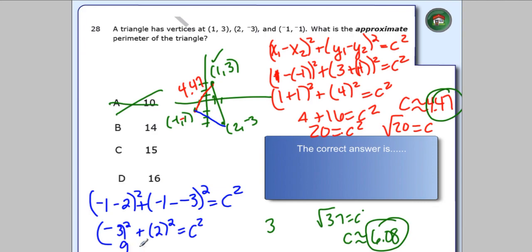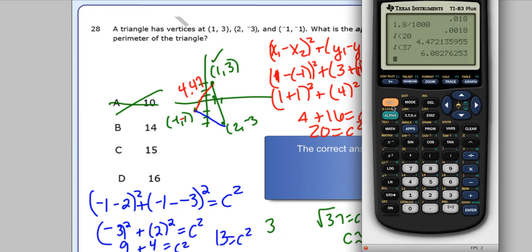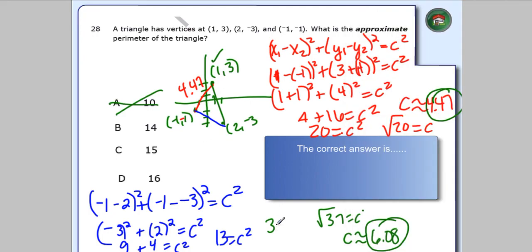So that would be 9 plus 4 equals c squared, which would be 13. Square root of 13. Oops, sorry, I didn't put parentheses there. It doesn't hurt on this one because it's just one number, but if you had multiple numbers, you would need to. So that's 3.6.